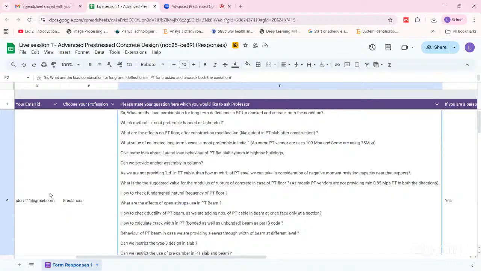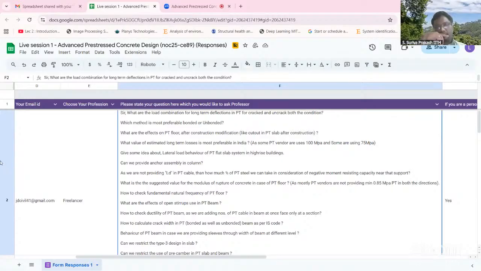And if it is bonded, then when we are cutting this cable, it is not only reliant on the grouting, but at some points the losses are increased after the modification. So we have to take care of the first span and last span also. We have to check these for the higher losses.